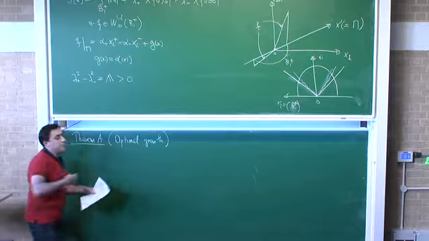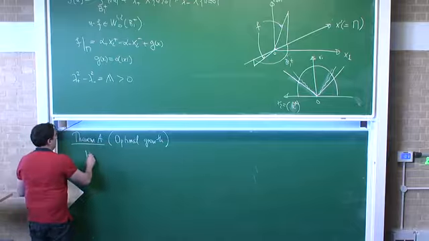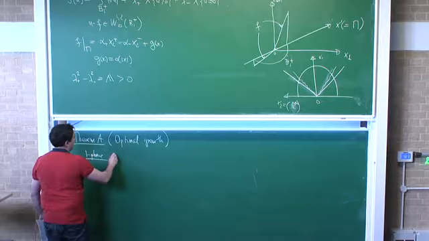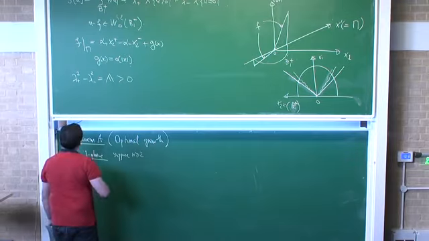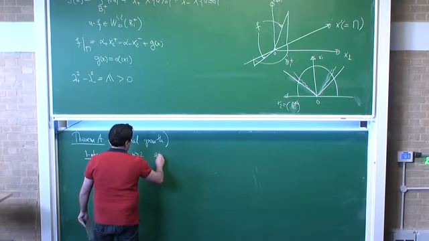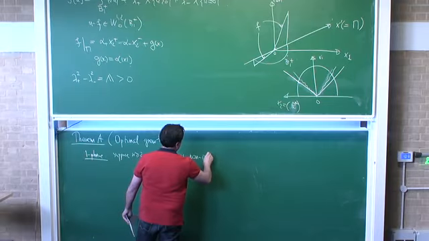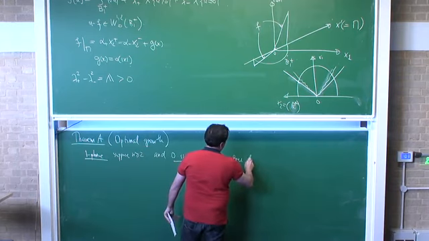I'm going to separate between the one-phase and two-phase cases. So suppose that n is bigger than or equal to 2, and the origin is a non-isolated free boundary point.